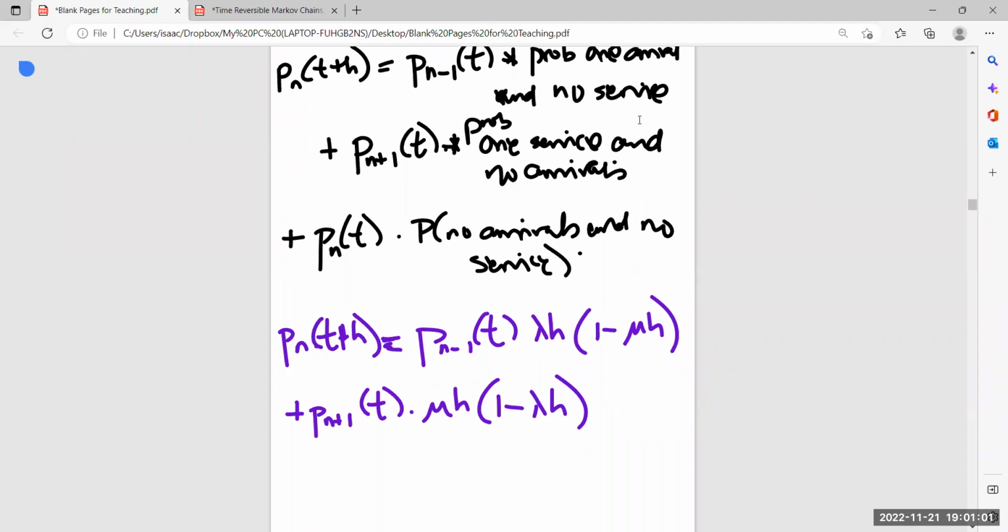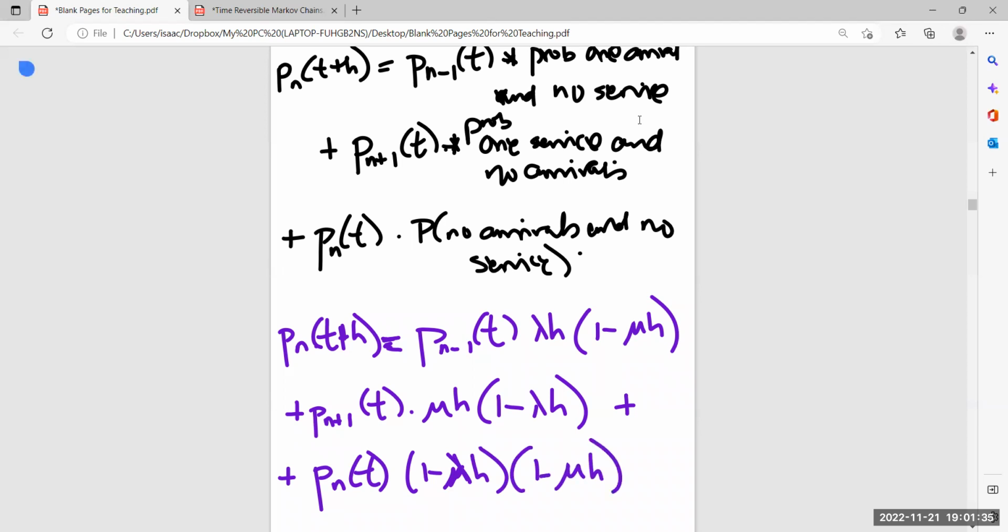And the last one, plus Pn(t), has no arrival and no service. So I have all the terms here.